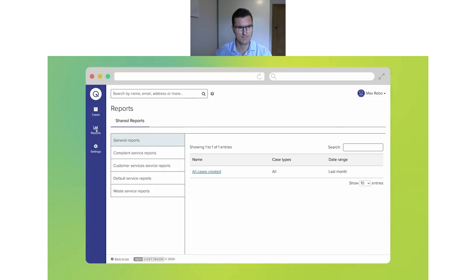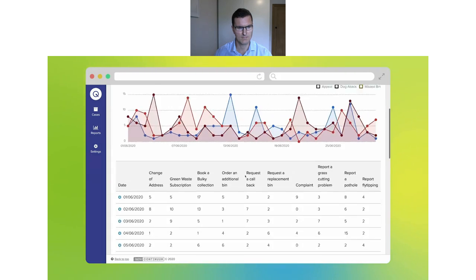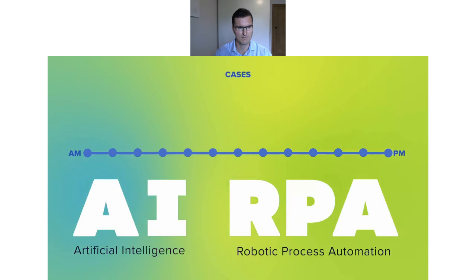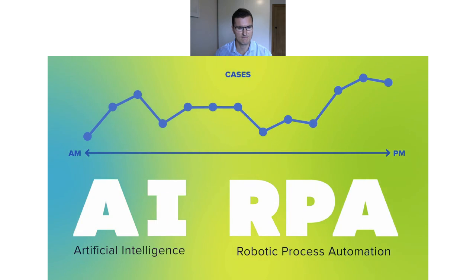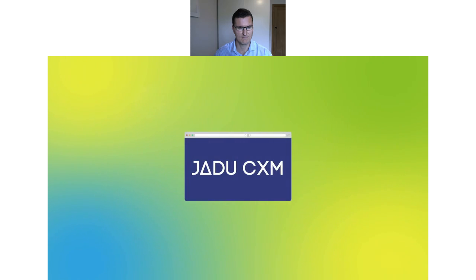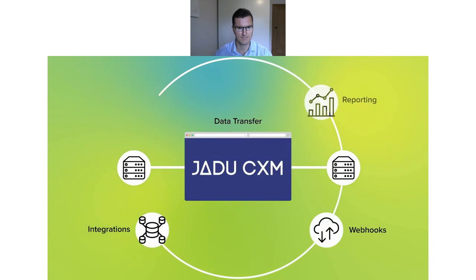Effective innovation relies on good data. Having accessible, meaningful, real-time information is fundamental to digitizing services using AI and RPA. That data drives real-time decision-making. Put simply, Jadu CXM is data transfer gold, with integrations, webhooks, reporting, and authentication.